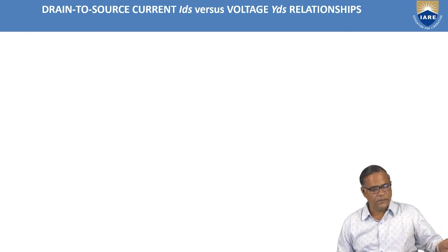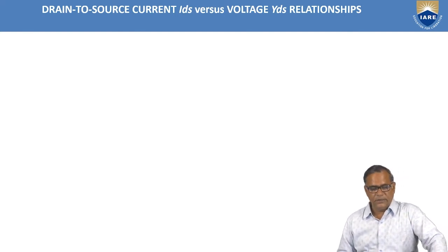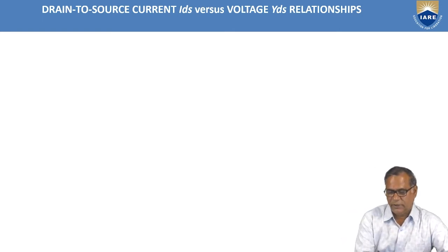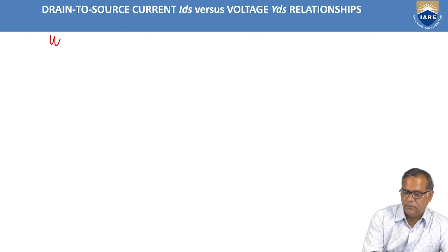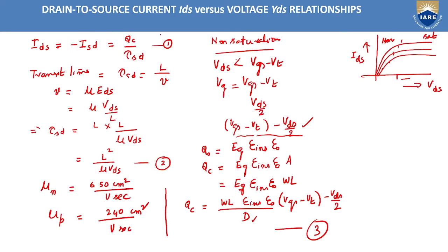Okay. Now let us move further. Now let us use the equations 2 and 3 and 1. So using 2 and 3 in 1. What is 2 and 3? This is 2 and this is 3, and you use it in 1 to find out the value of IDS.